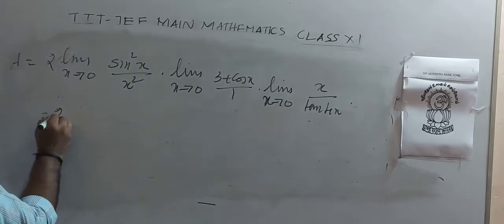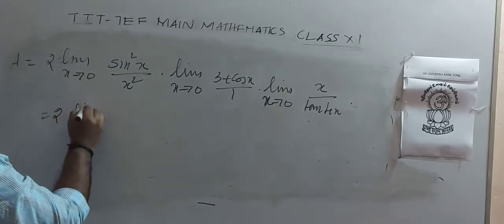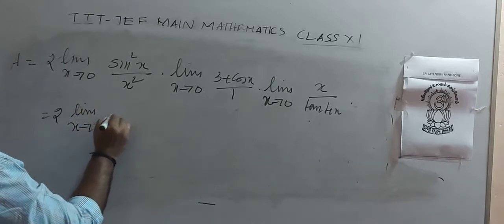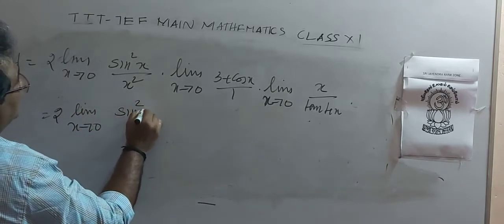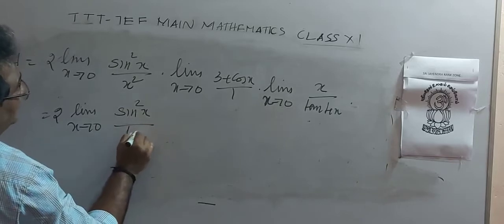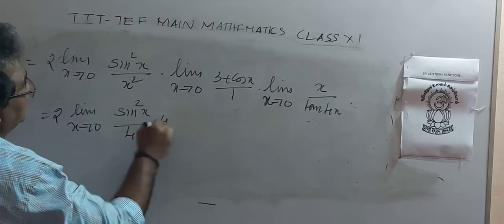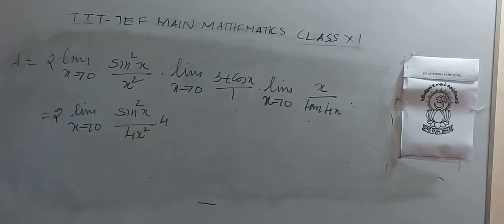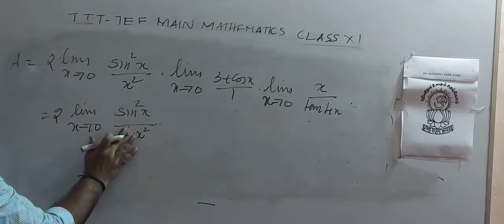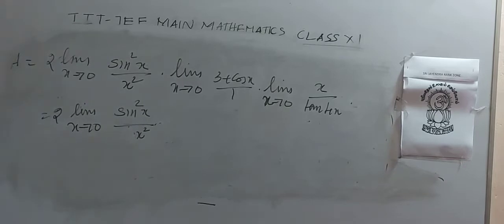Equal to 2 into limit x tends to 0 sin squared x by x squared, with 4x squared.